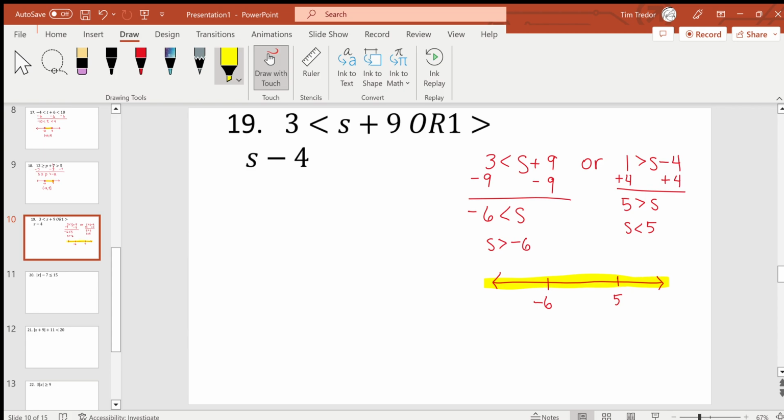All right, there's no number that doesn't meet one or the other of these criteria. So our solutions are all real numbers. For interval notation, we're going from -infinity to +infinity, and that covers everything.